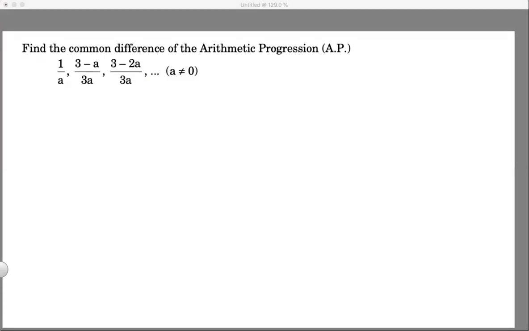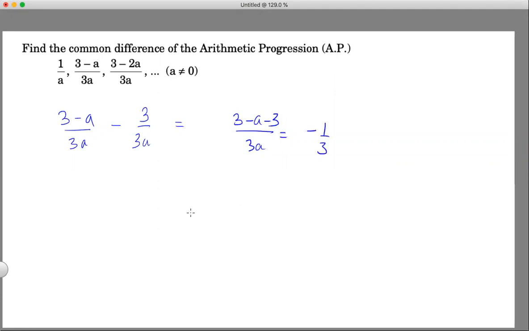How will we do this? We will simply subtract the first term from the second term, right? So the difference is minus 1/3, which is 3 by 3, right?